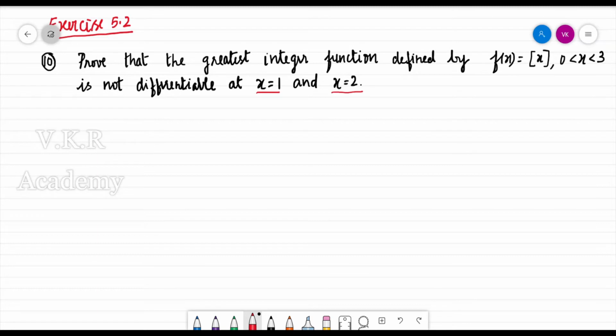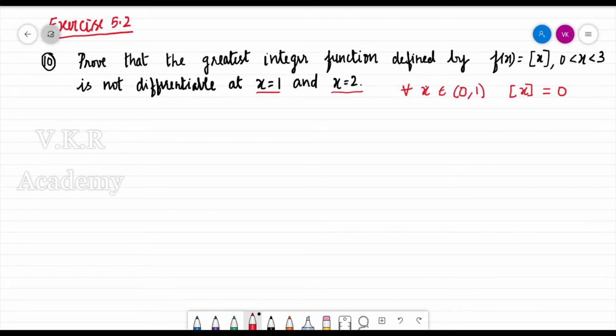So before proceeding into the proof, let's recall what greatest integer function of x represents. Suppose x belongs to the open interval 0 to 1, then the greatest integer function of x is equal to 0 for all x, because it is the greatest integer which is less than x.